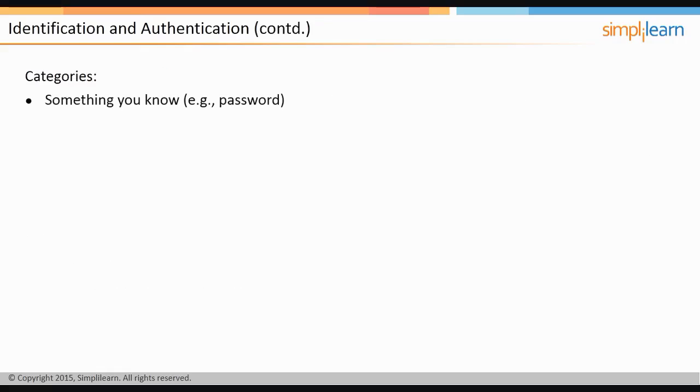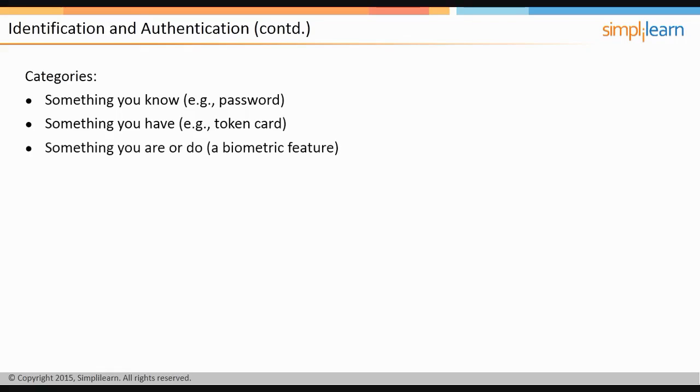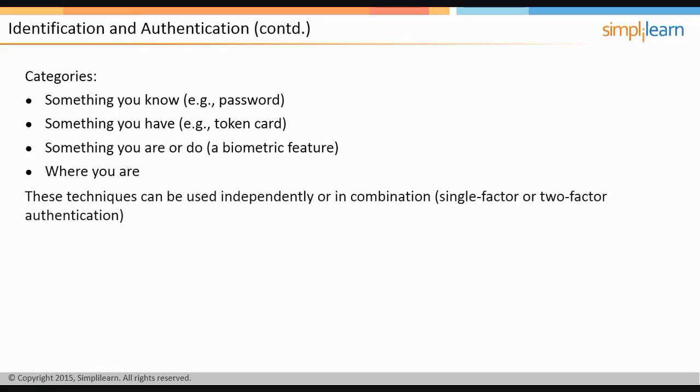Categories can be something you know, for example, a password; something you have, for example, a token card; something you are or do, a biometric feature; or where you are. These techniques can be used independently or in combination, single-factor or two-factor authentication.